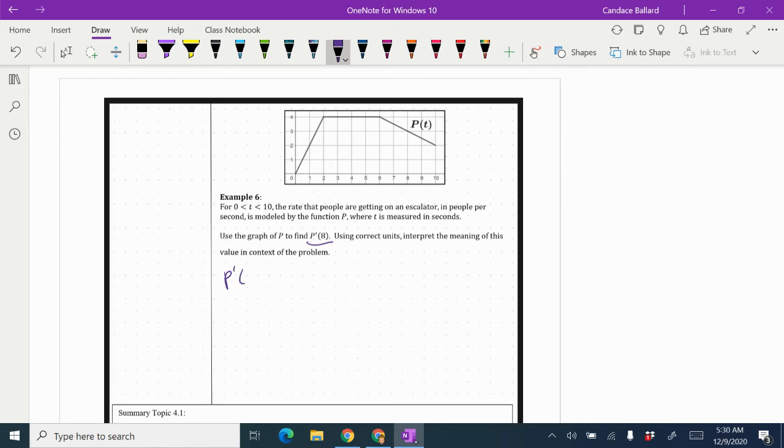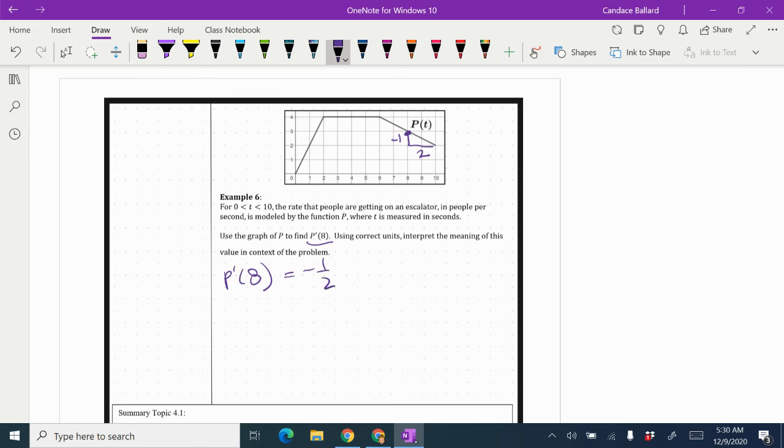So p prime of 8 we know is a rate. We know it's a derivative. We know that derivative means slope. So all I need to do is find the slope at 8. So 8's right there. I'm going to draw my triangle. I'm going to make sure that I'm catching the crosshairs there. So it looks like I am down 1 and over 2. So my slope is negative 1/2.